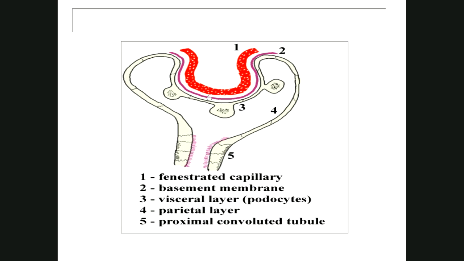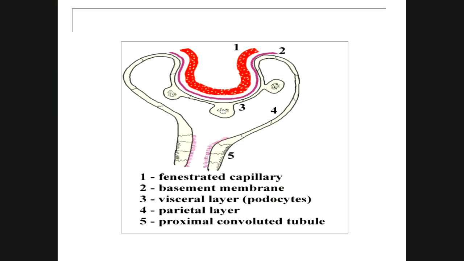And after that, we have the visceral layer of Bowman's capsule. The cells in the visceral layer are called podocytes. They are simple squamous epithelial cells which contain many foot processes, and their foot processes are called pedicels. These foot processes interdigitate with each other, and between these pedicels you can see some slits.